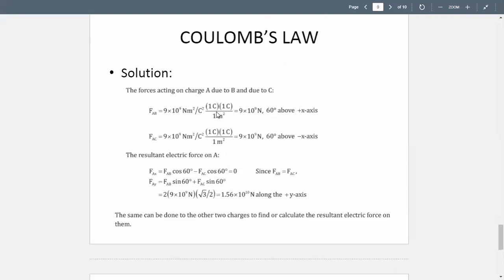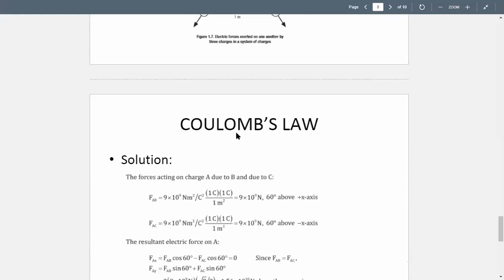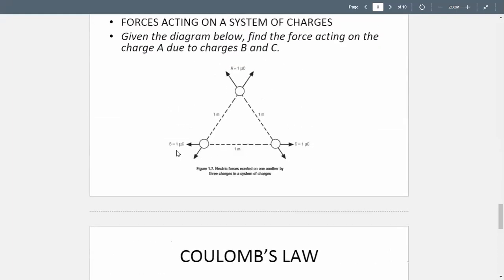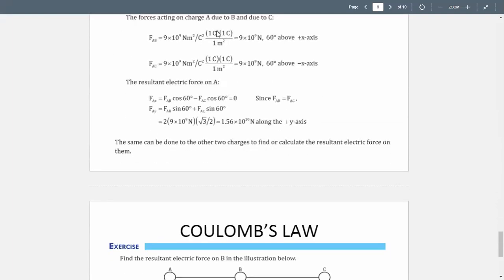Okay, so that's not 1 Coulomb, but that's 1 microcoulomb. So I think the assignment of the unit of our charge is kind of wrong. So we are not dealing with 1 Coulomb, but 1 micro. You see this mu symbol. So this must be erroneous because of the assignment of the value or force.